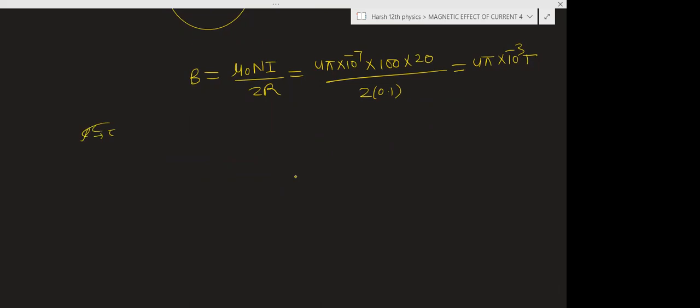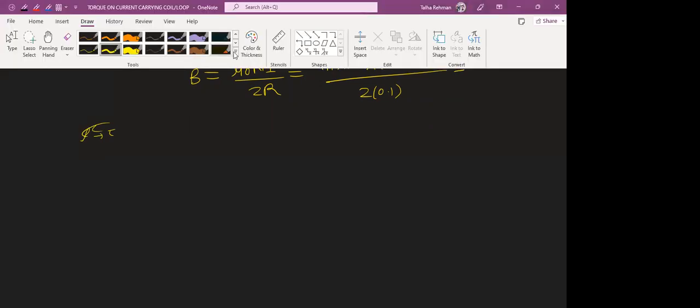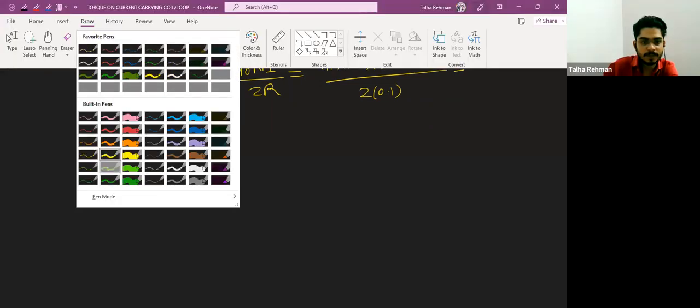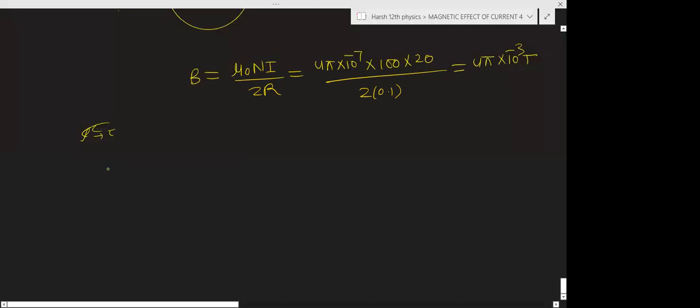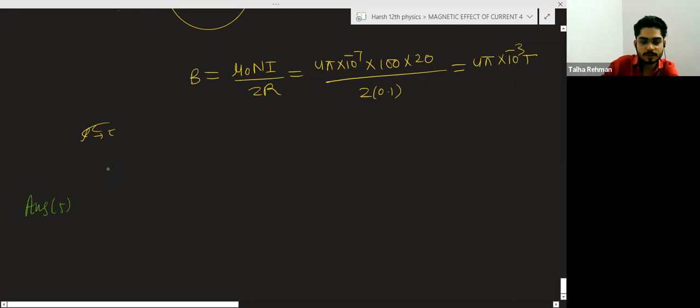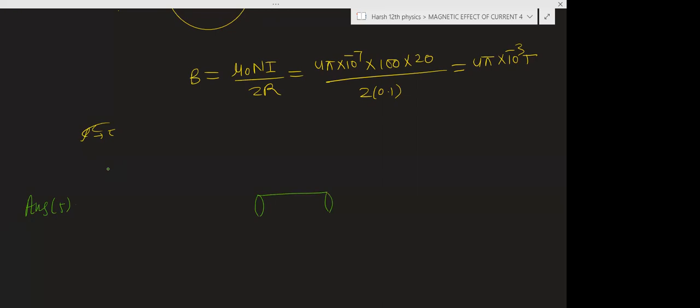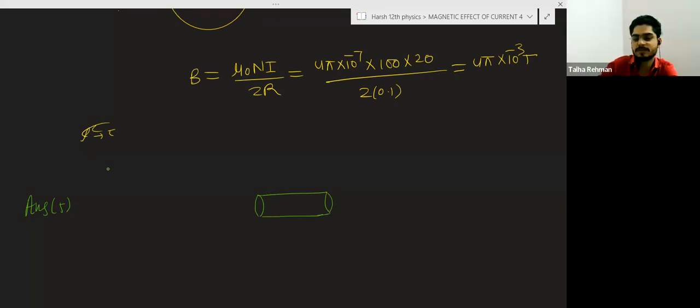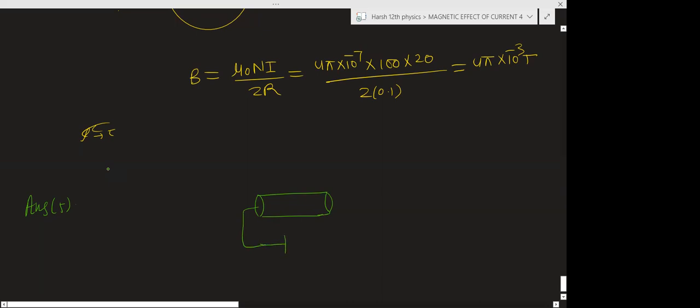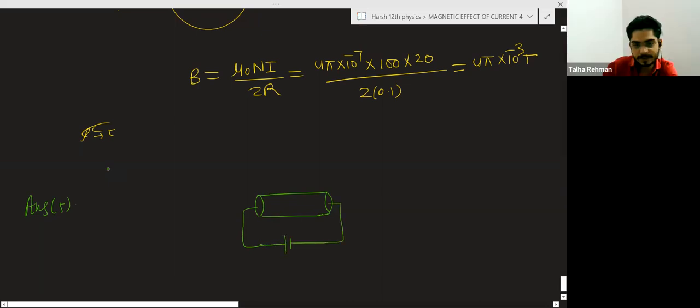Okay, relaxation time. So what you should do now for this question? See here, question number 5. Take one cylindrical wire. We have already discussed this. Take it and connect this with a battery.